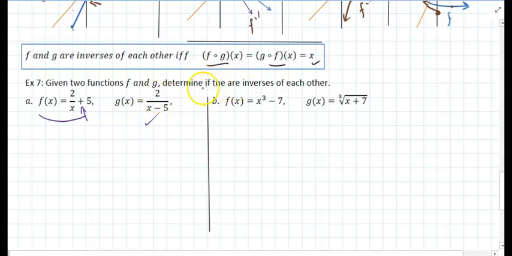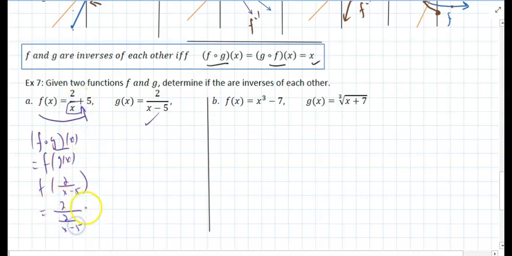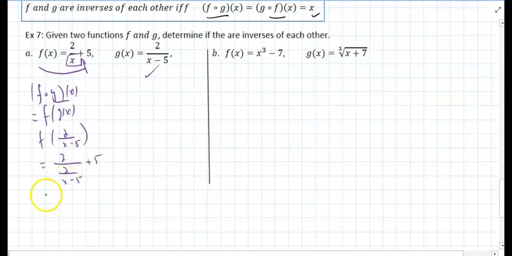But to practice this, we take f composite g, and it's a good practice. That is f of g of x. That is f of g of x is 2 over x minus 5. So replace this x by that. So instead of dividing, I could multiply by the reciprocal.